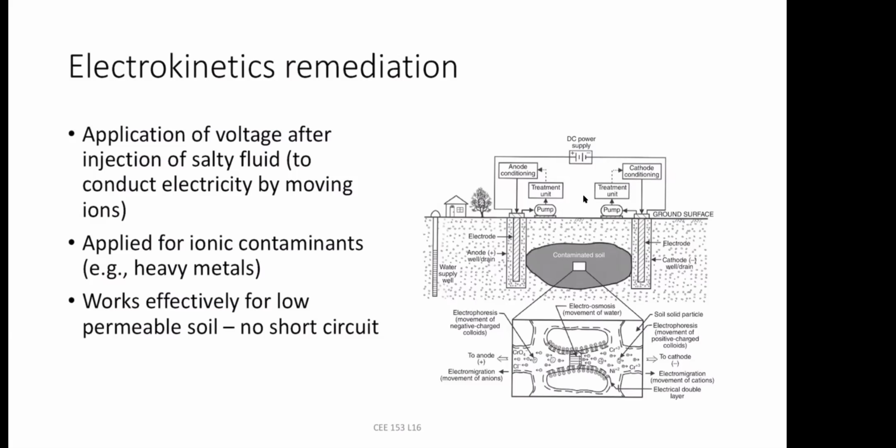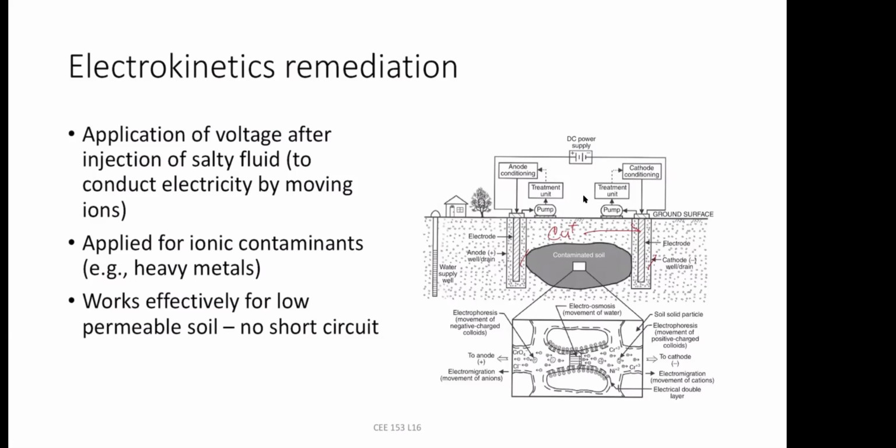Another one is electrokinetic. Electrokinetic is only applied for contaminants which are charged. It's all based on the flow of electrons. All it means is you put two big metal rods inside the soil and apply a voltage, positive or negative. All the positive ions, let's say copper, will be attracted towards the cathode, the negatively charged electrode.